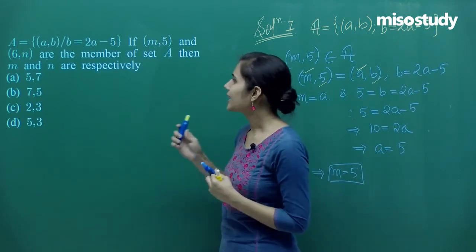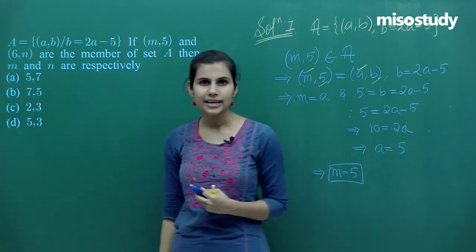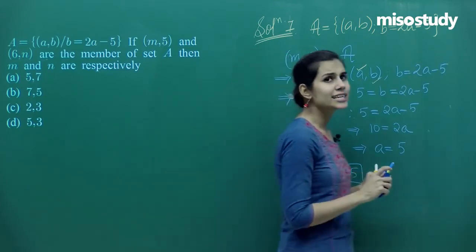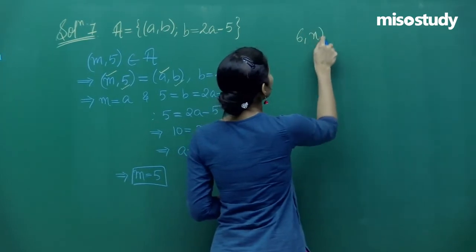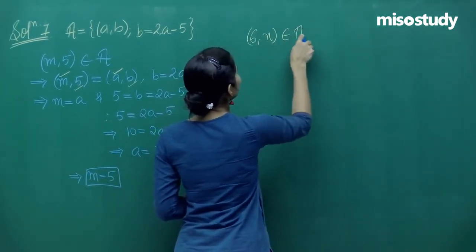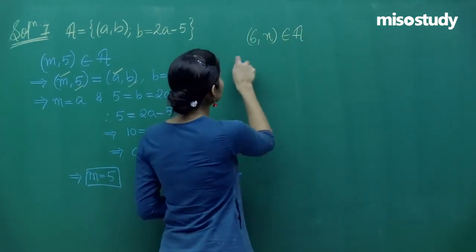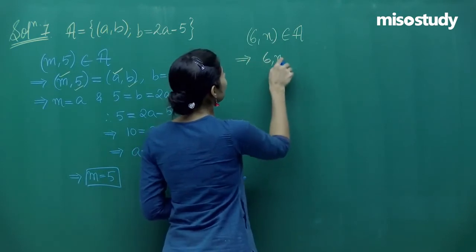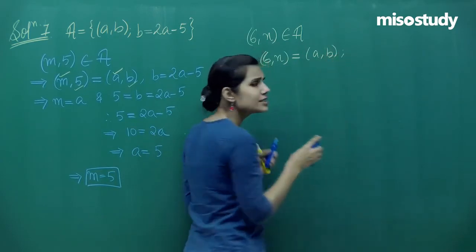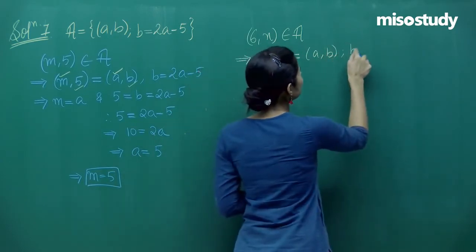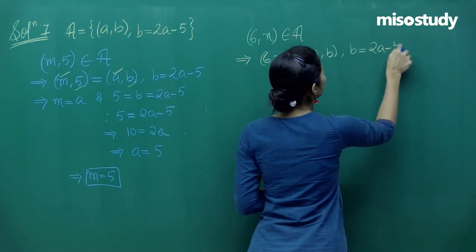Let's go back to the second tuple, (6, n). Doing the same thing with (6, n), what is it that we proceed by? (6, n) is again belonging in the set A. This means that (6, n) is equal to (a, b) for some a, b such that b is equal to 2a minus 5.